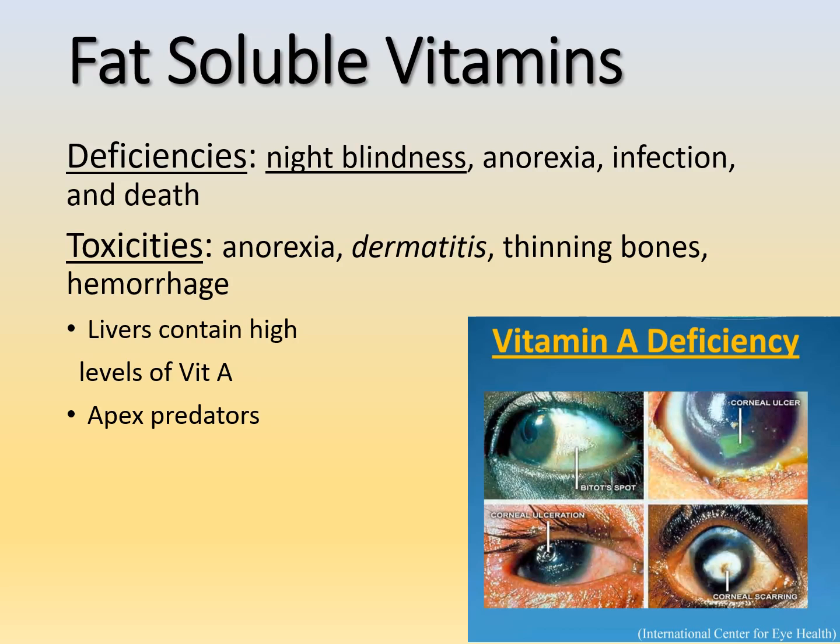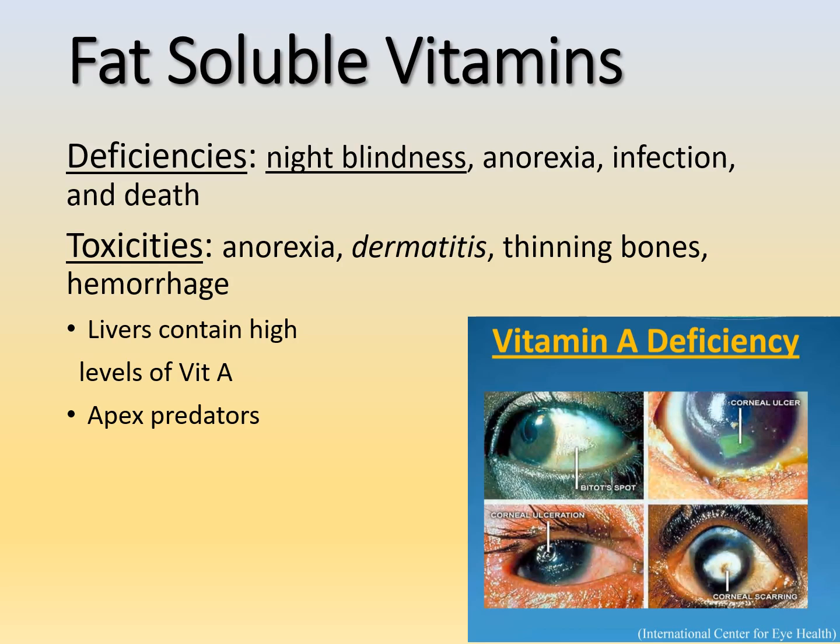You wouldn't think that a vitamin deficiency would lead to death, but in extreme cases, it can, okay? So we do have some of these eye problems that we can see with deficiencies. So, corneal ulcers, different kinds of spots on the eye, but a big one is night blindness as well.